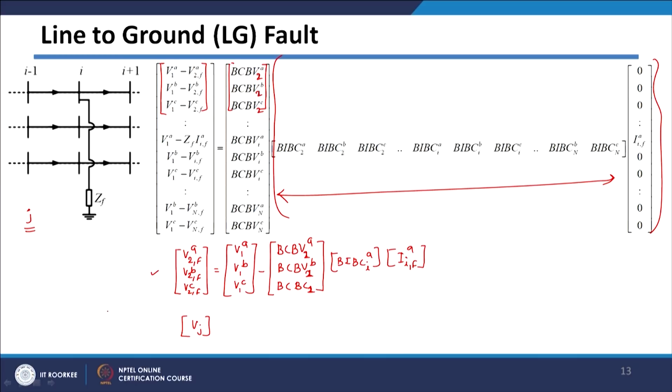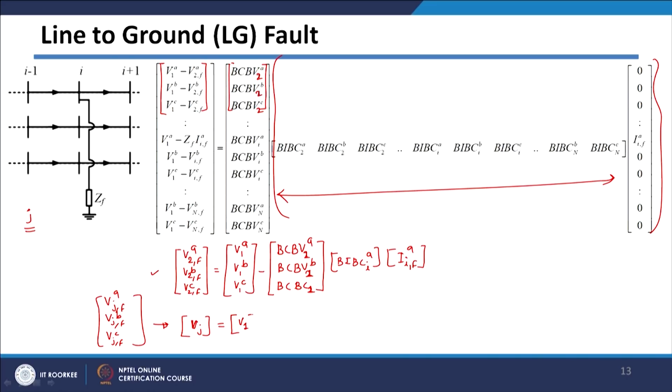This consists of all the 3 phases, which means this matrix will be basically Vj F A phase, Vj F of B phase, Vj F of C phase, which means the post fault voltages of the jth bus of all the 3 phases. So, instead of writing A, B, C, I am just writing this as a whole 3 phase voltage. Here also, instead of writing A, B, C, I am just writing 3 phase voltages.